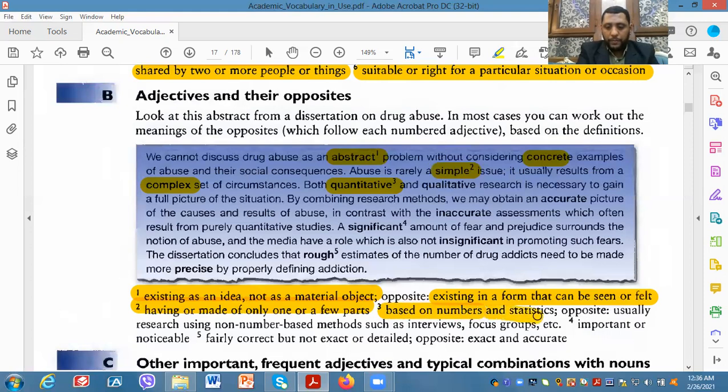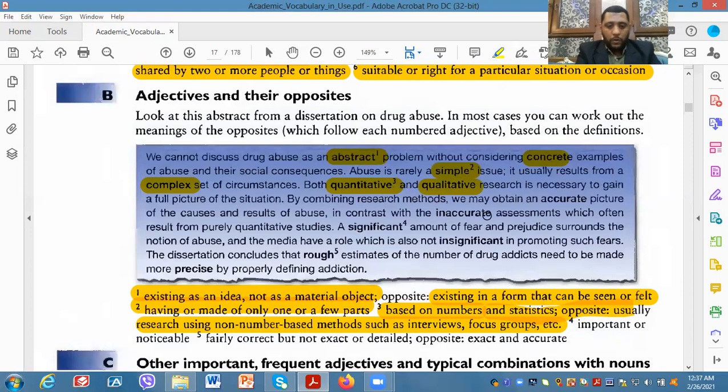The opposite of quantitative is qualitative. Qualitative research is research using non-number based methods such as interviews, focus groups, etc. So this is the opposite of quantitative, which is qualitative. Okay, and both of these are adjectives.